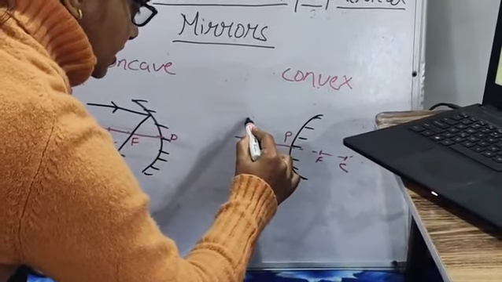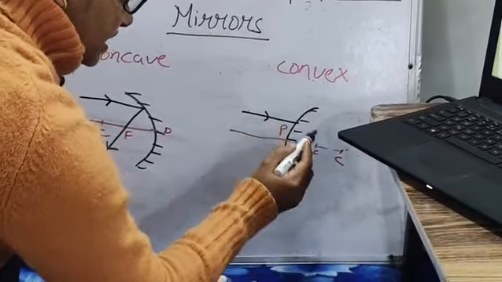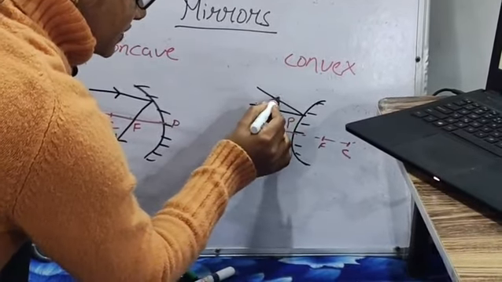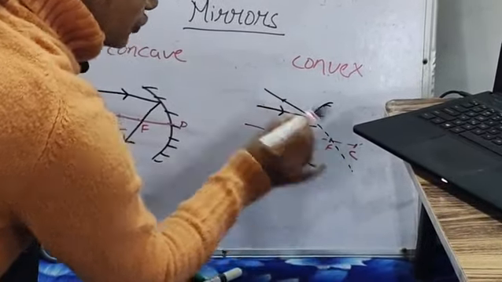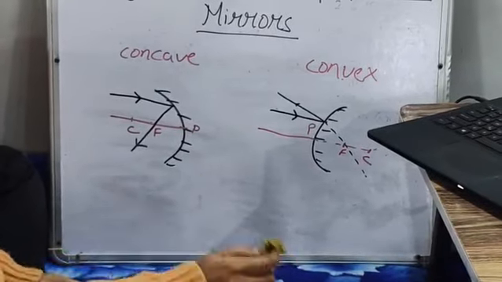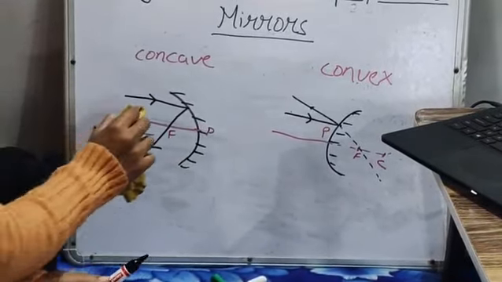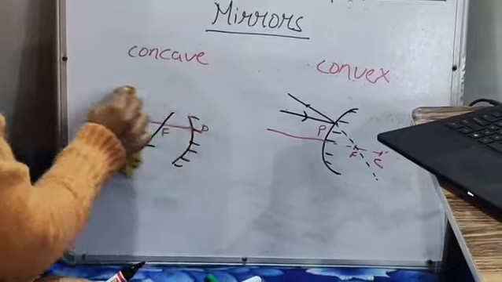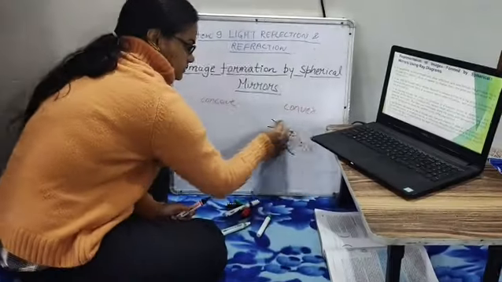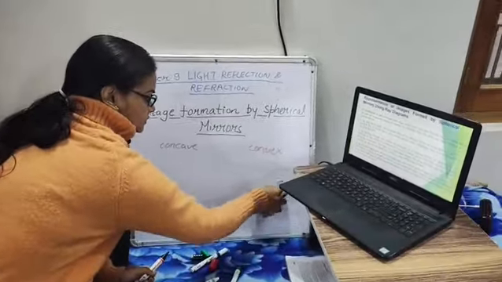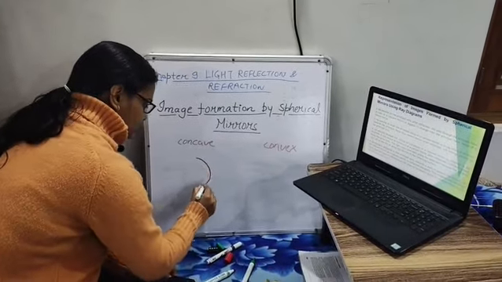Similarly, here the light which is parallel to the principal axis will pass through the focus. Now coming to the second rule. What does the second rule say?